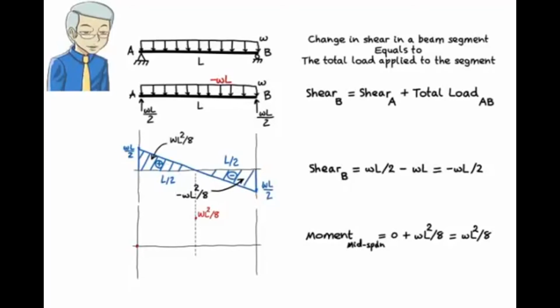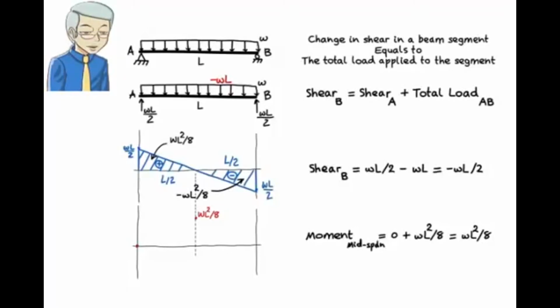Similar to the curve representing the shear diagram, the moment diagram curve is a polynomial. The degree of this polynomial is 1 higher than that of the shear polynomial. In this example, since the shear diagram is linear, the shear polynomial has a degree of 1, then the moment diagram needs to be drawn using a polynomial of degree 2, a curve representing a quadratic equation.